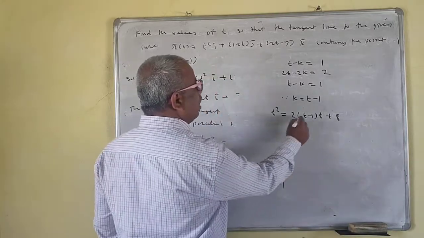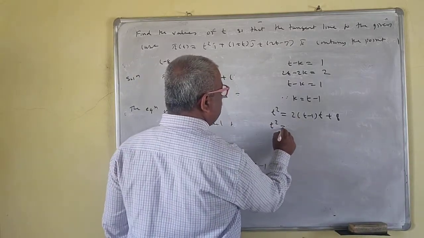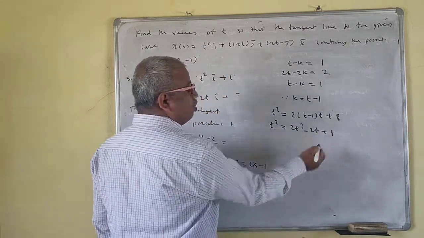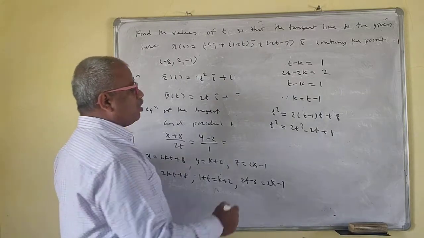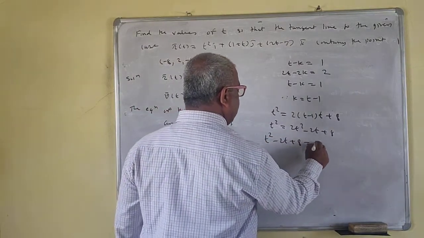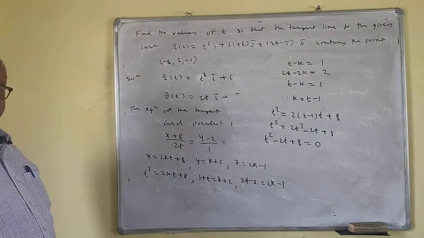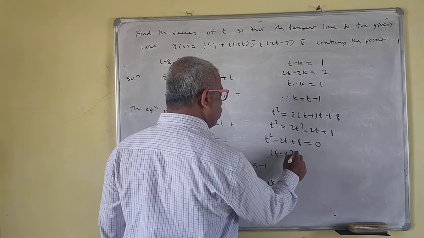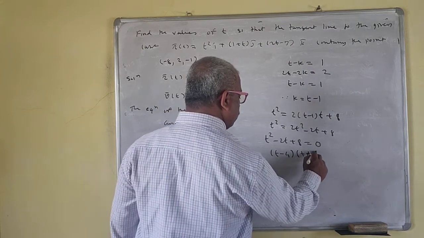Okay, so this is what? Just we write t square is equal to 2t square minus 2t plus 8. So we'll shift t to that side. What we get then? Okay, t square minus 2t plus 8 is equal to 0.